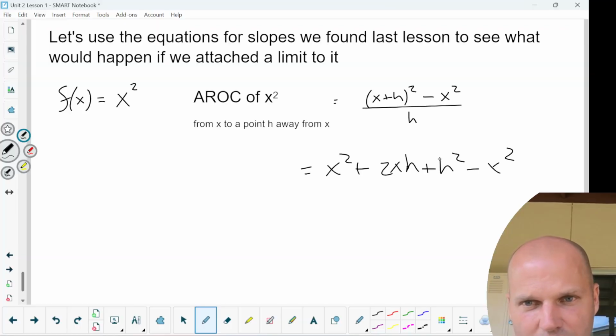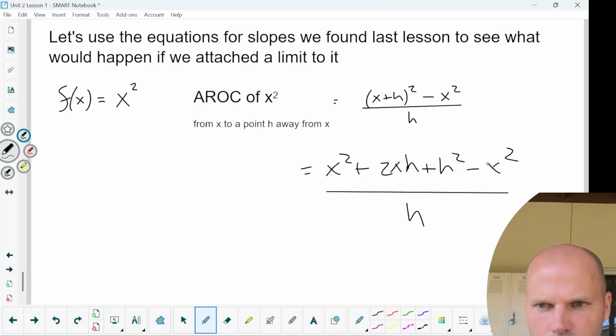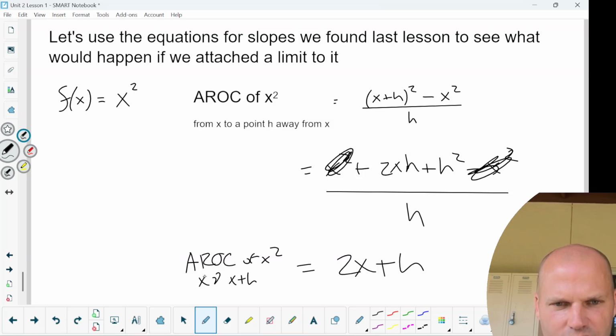We did not have to use Pascal's triangle for this. Over h. We simplified the x squareds. We divided everything by an h, and we got 2x plus h.